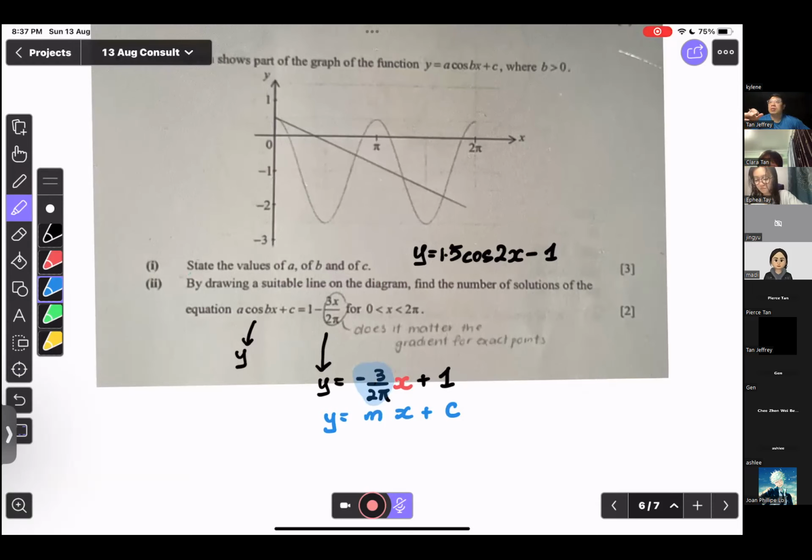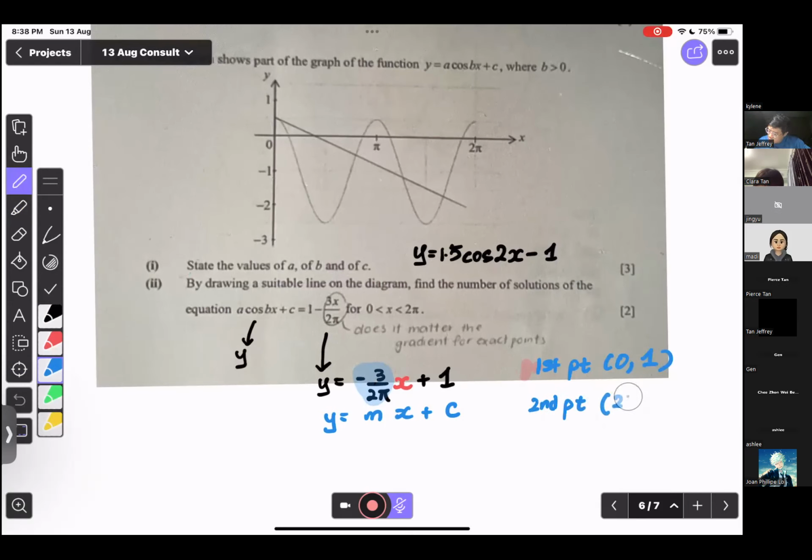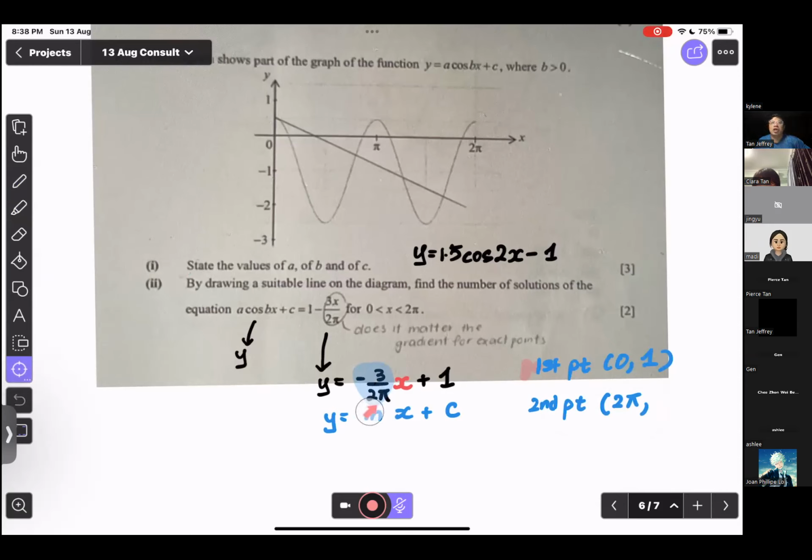So the rule of thumb is when you want to sketch a line, we will always use 2 points. The first point, you will use the y-intercept. So I will use the point (0, 1). I explained this to somebody that day. You purposely use an x value that is a multiple of pi. You know why? Because here the gradient has pi as a denominator.